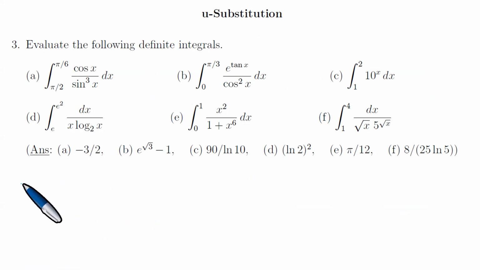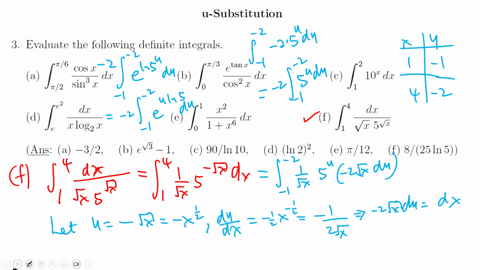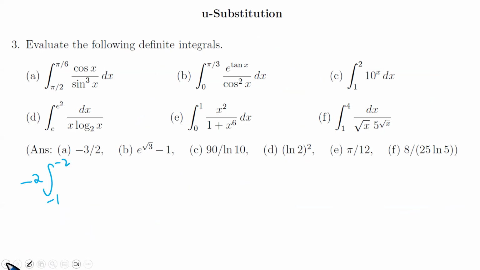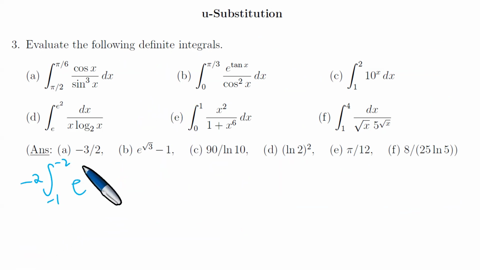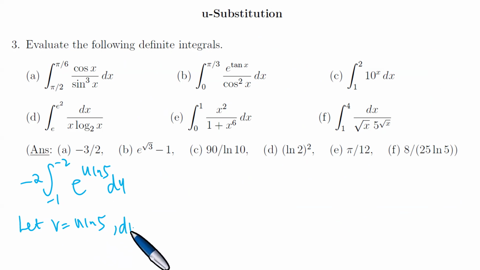So you have minus 2, the integral from minus 1 to minus 2, e to the u ln 5 du. You let v be u ln 5, so dv is ln 5 du.